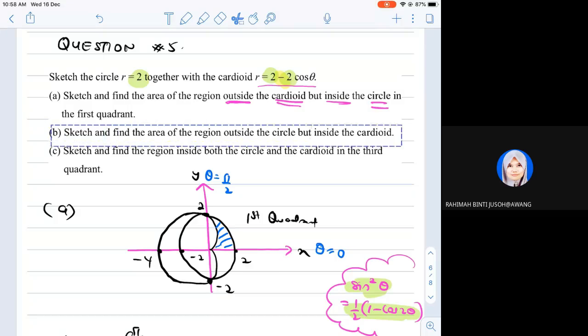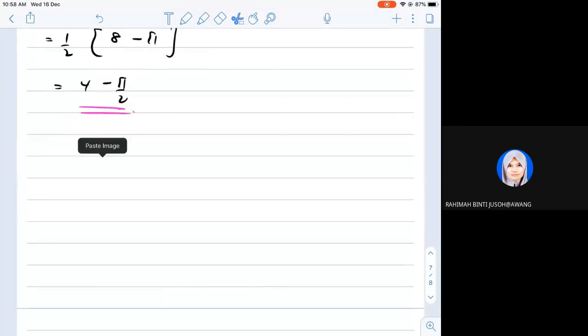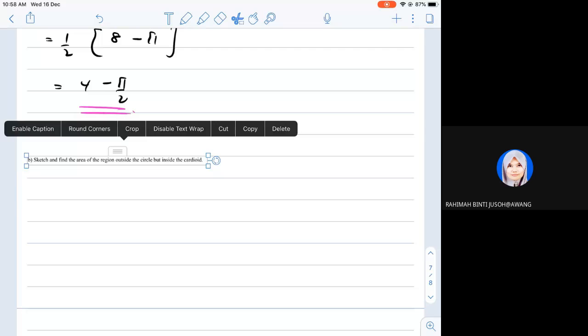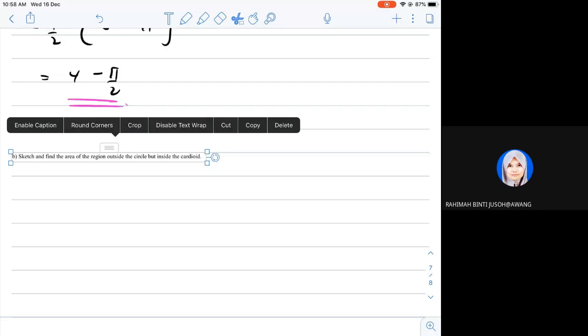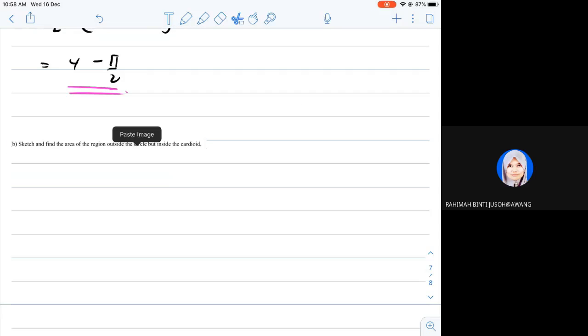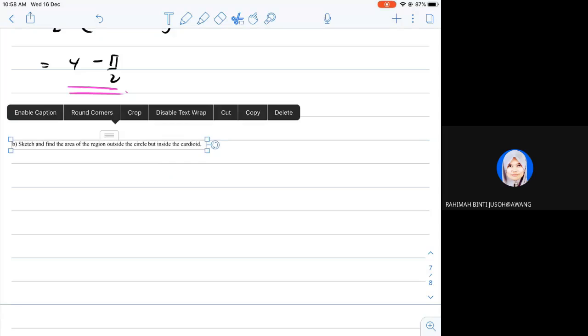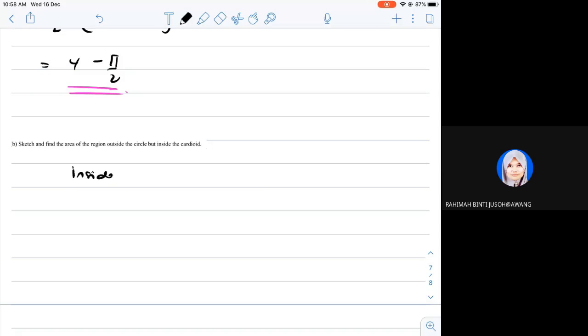Outside the circle, inside the cardioid. Tak boleh nak resize pula. Tak apalah. Inside, saya tulis balik. Inside cardioid. Outside circle.